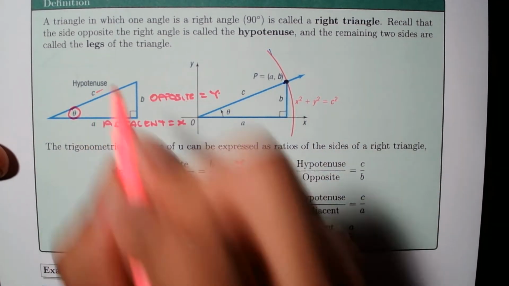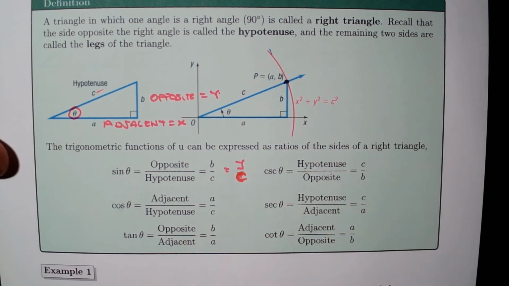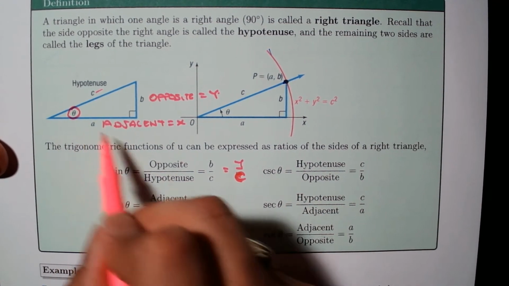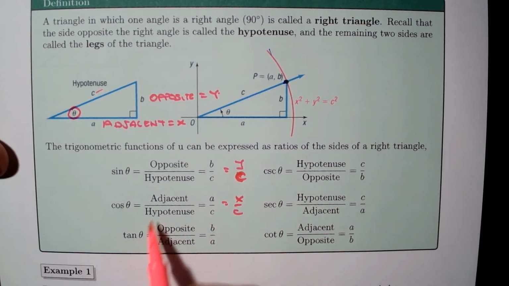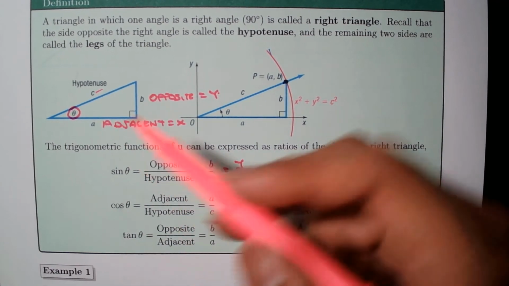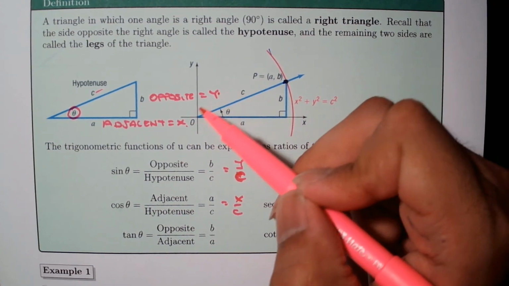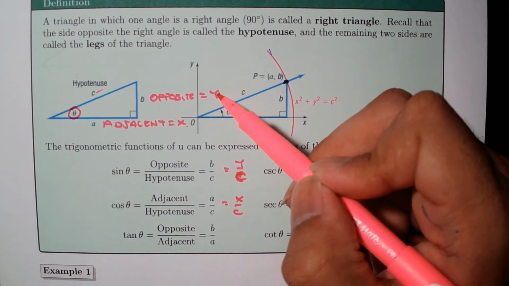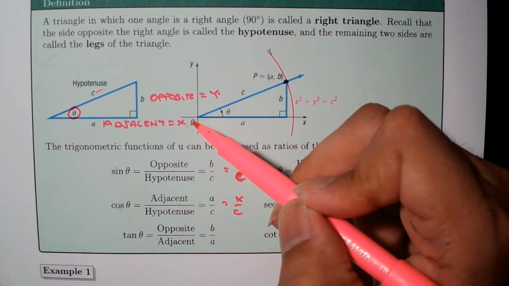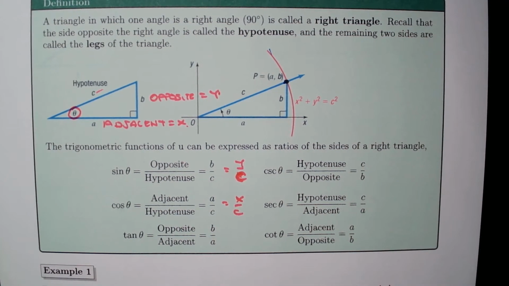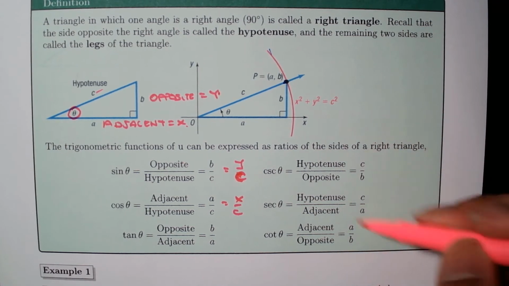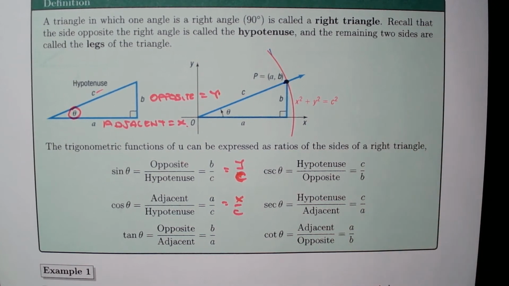If this is the radius, it's y over c. Cosine is the adjacent over hypotenuse, x over c. And tangent is y over x, as defined from the unit circle. So that is the opposite over the adjacent, b over a. And of course we have the reciprocals as well.